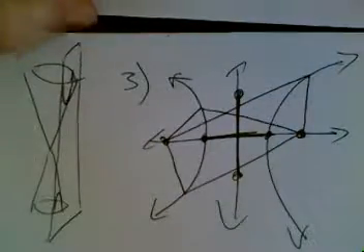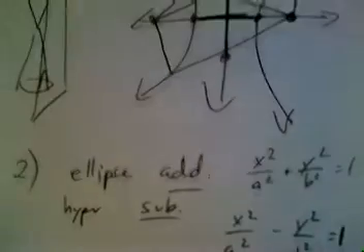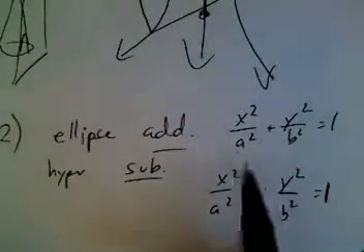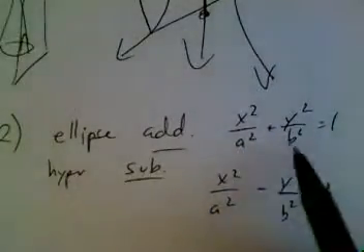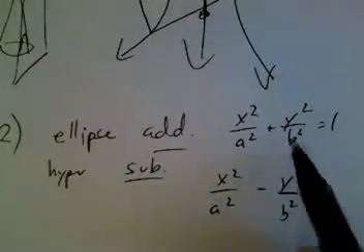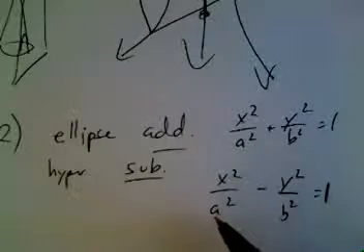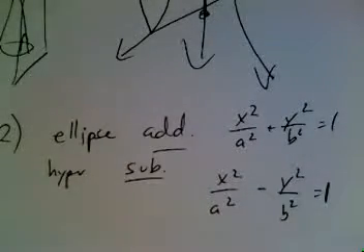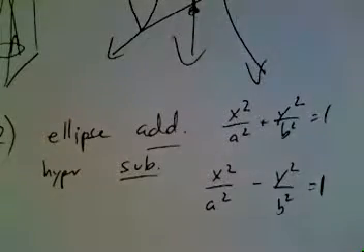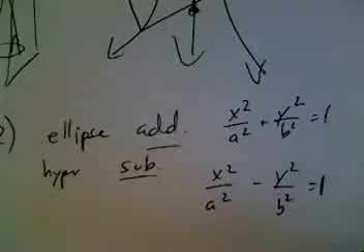Those points are related to the value b. Just like a corresponds to the major axis and b corresponds to the minor axis in the ellipse, we have the a value corresponding to the transverse axis, and the b corresponding to the conjugate axis.